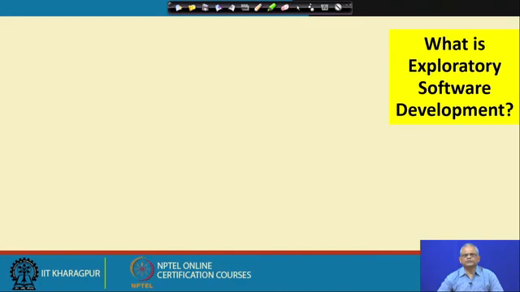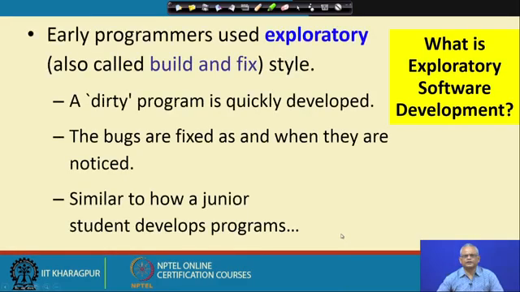How will he develop the program? That we call the exploratory software development or the build and fix style of development. This is the same style which the early programmers used, because there were no other techniques. They had to use their intuition and develop, and that is called the build and fix style.